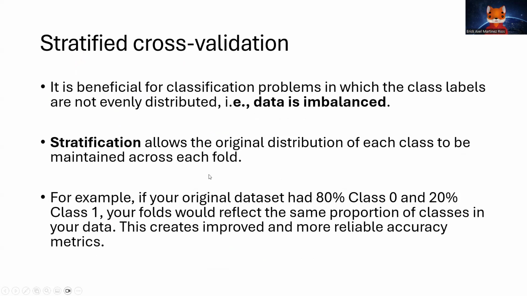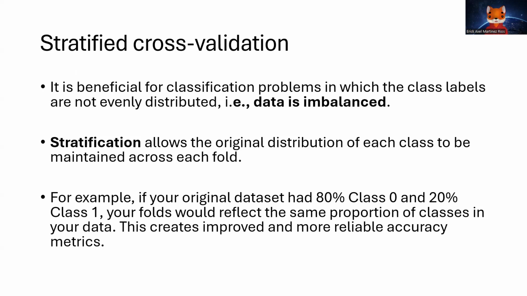And well, in particular, we have a variant of cross-validation that is called stratified cross-validation. The usefulness of stratified cross-validation is that it can give you a better estimate of the performance of the model when you have an unbalanced, or imbalanced, dataset.